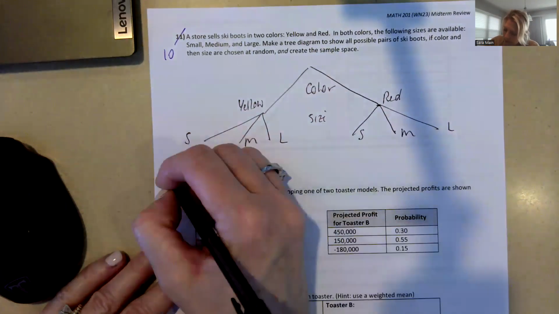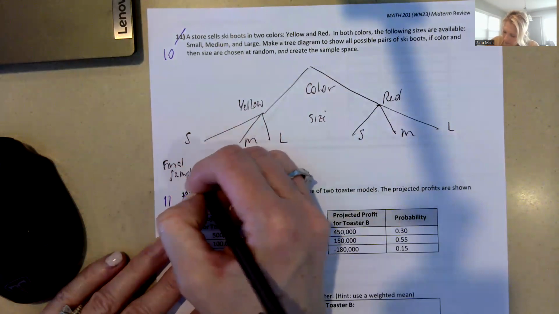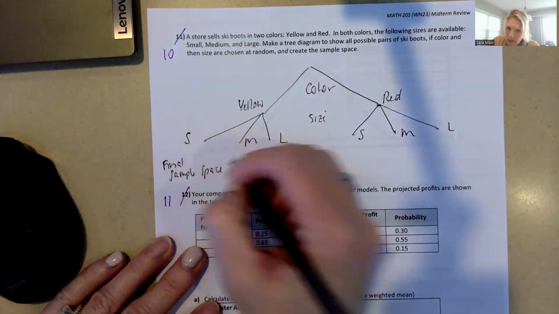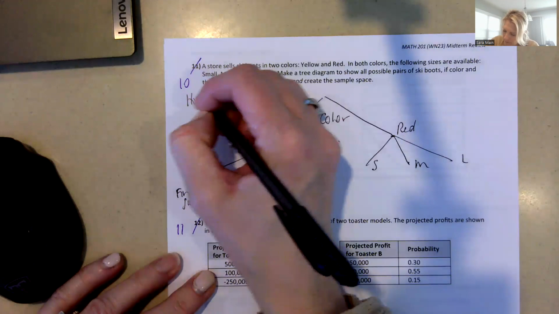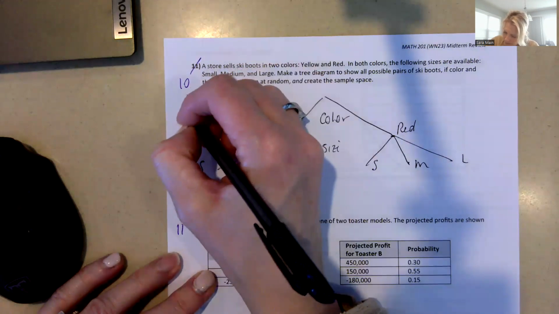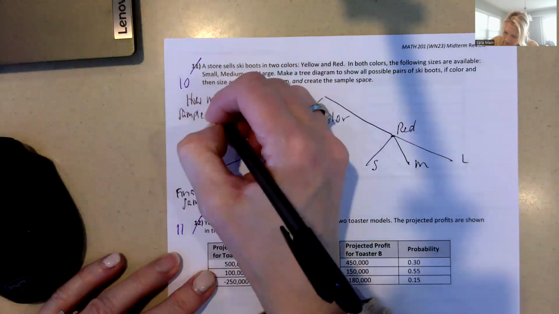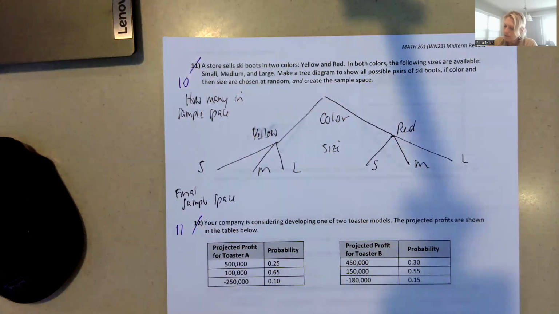So my final sample space is putting it all together. And if I wanted to know how many are going to be in the sample space, let me just write that up here. How many in the sample space? I've got 2 things I'm deciding.